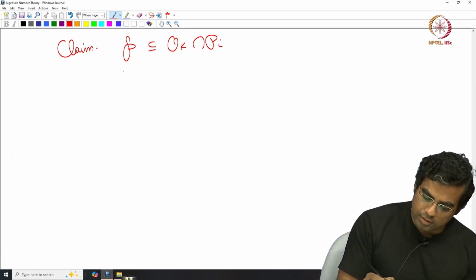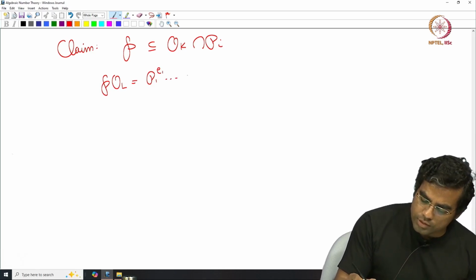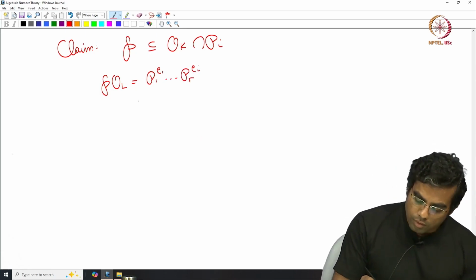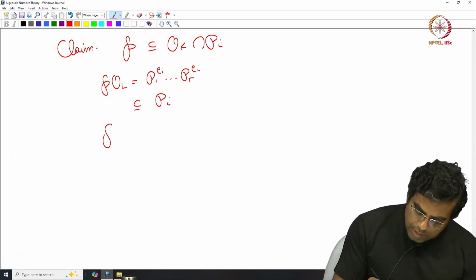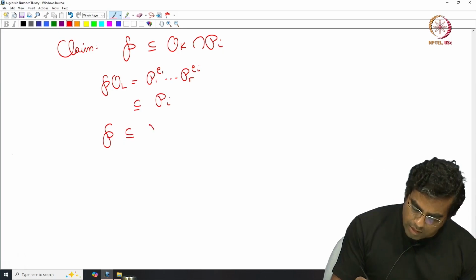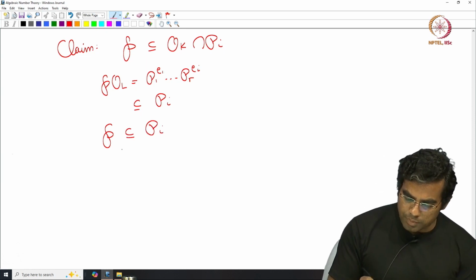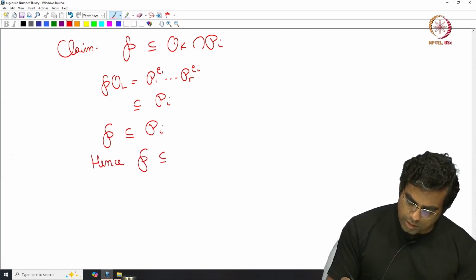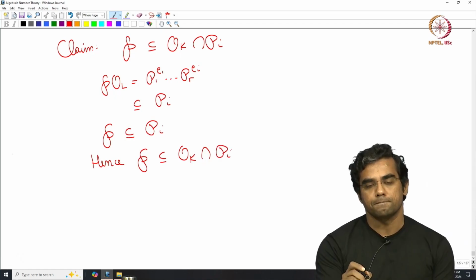So, remember that POL is P1 to the E1 and so on up to PR to the ER, which is contained in Pi. So, in particular P is contained in Pi, right, and of course, P is contained in OK. So, hence P is contained in OK intersected with Pi, right.